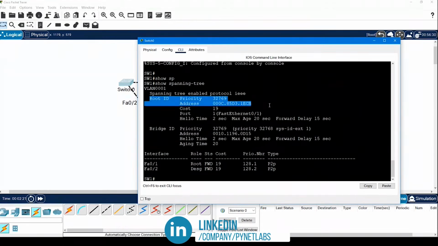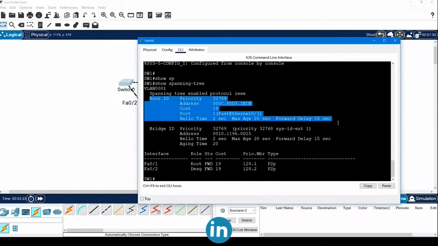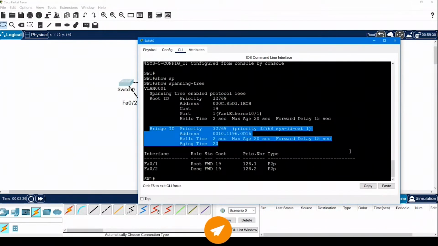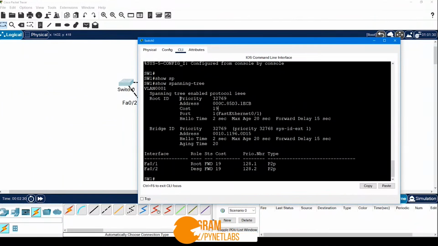This information is about the root bridge, and the bridge ID information is about the local switch which we are currently in. It says that priority is 32769. Why is it showing 9 instead of 768? Because this value is 32768 plus the VLAN number. So that sums up to 32769.